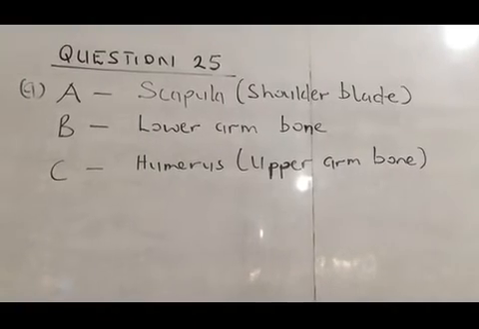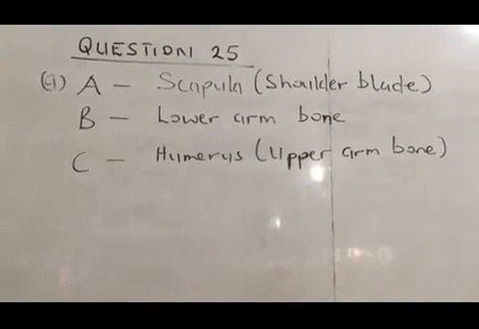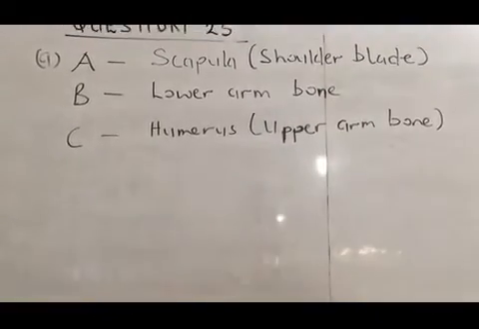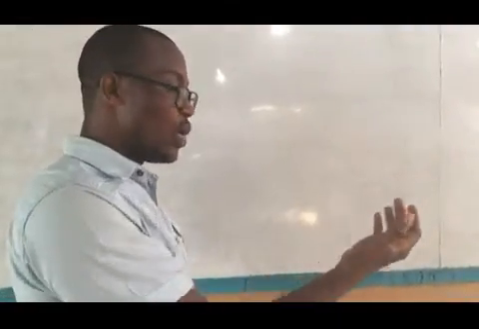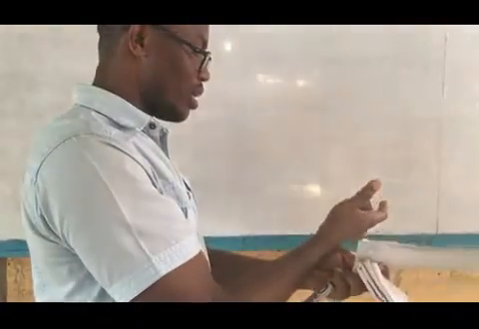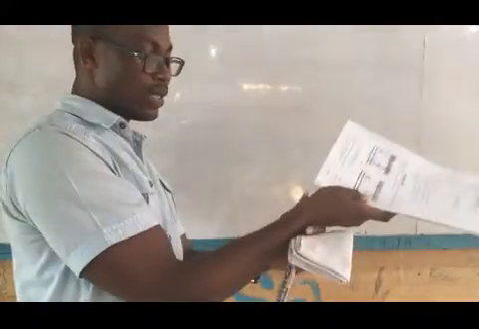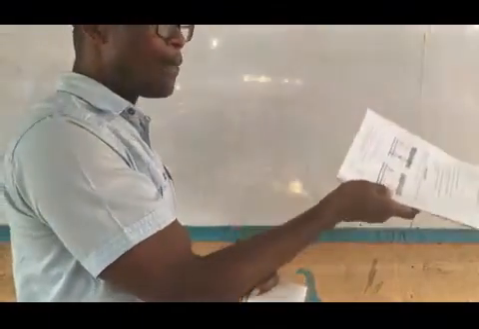Okay. So A is the scapula, the shoulder blade, the bone found in the shoulder. The B is the bone found in the lower arm. That is from the elbow to the palm, or to what we call the wrist. From the elbow to the wrist, the bone over there is what we call the lower arm bone.